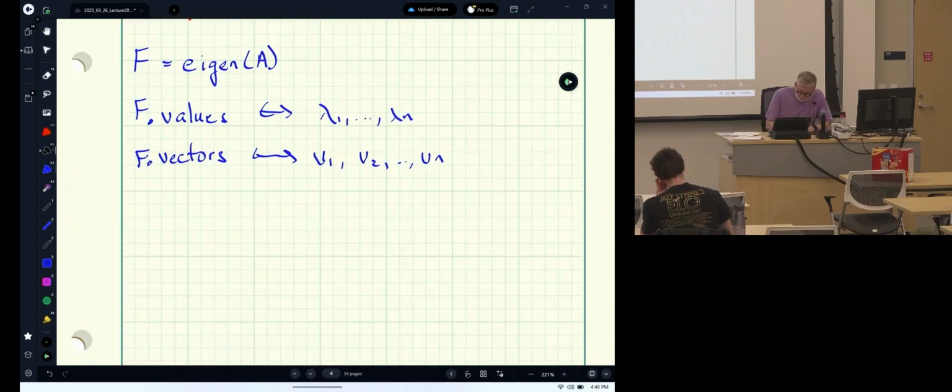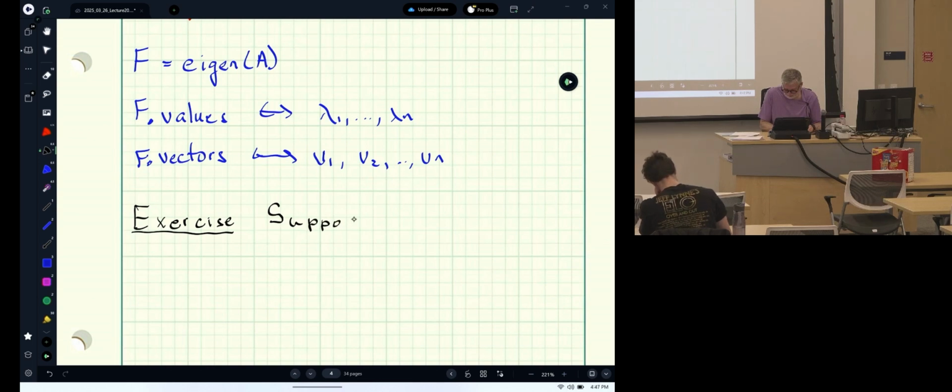Now, I have an exercise for you. Suppose we have an eigenvector, eigenvalue pair, Av equals lambda v.